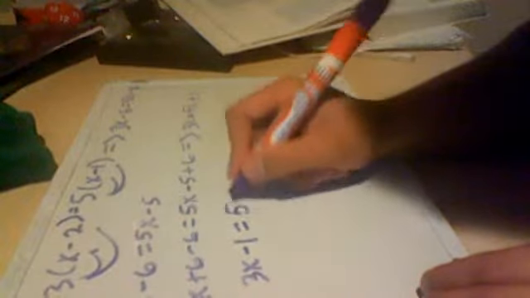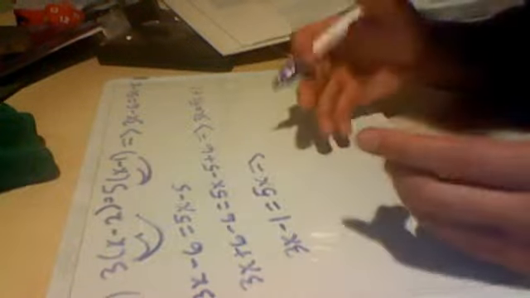From this point, we want to solve for x. So let's subtract 1 from each side. We could have just added the 5 to each side, which would have made it a bit easier, but anyways, we get 3x minus 1 equals 5x. Let's reduce this equality even further.